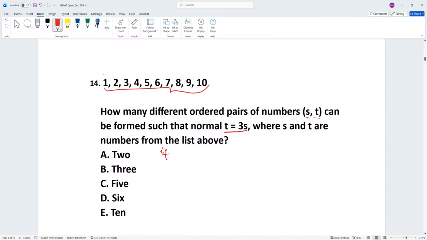value of the list. If S is equal to 1, then T is equal to 3 times 1, which is 3. So now we have our pair, S is 1 and T is 3. Are they both part of the list? Yes. We continue. If S is equal to 2, then T is equal to 3 times 2, that's 6.